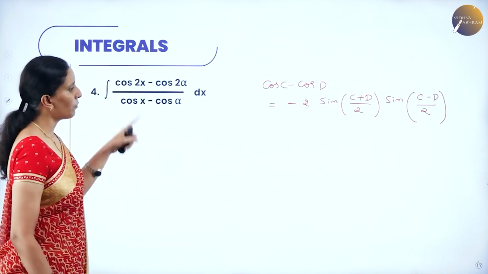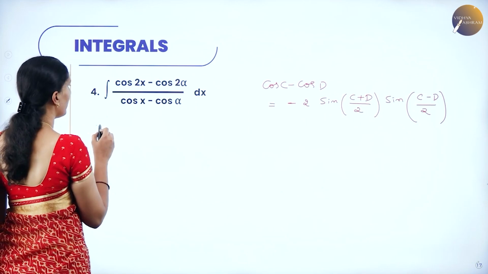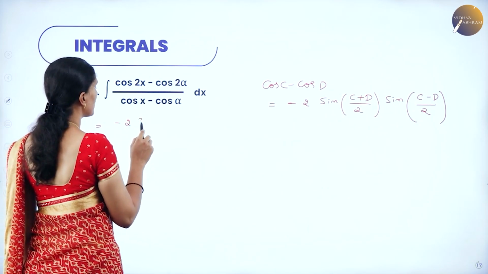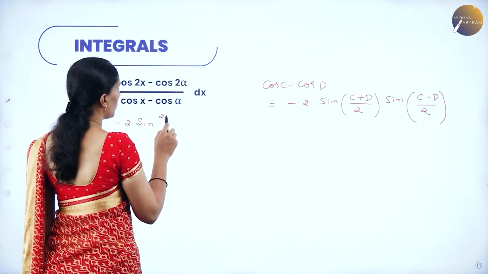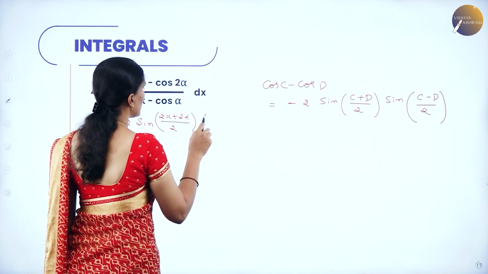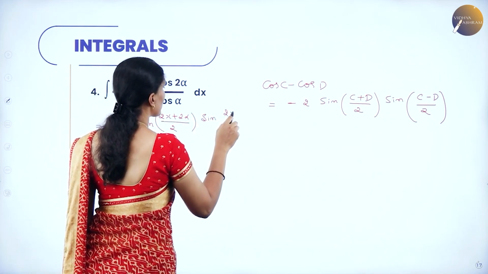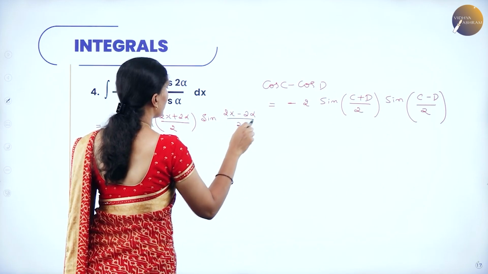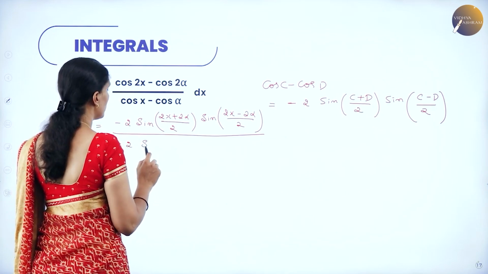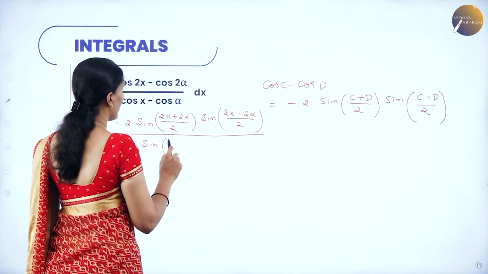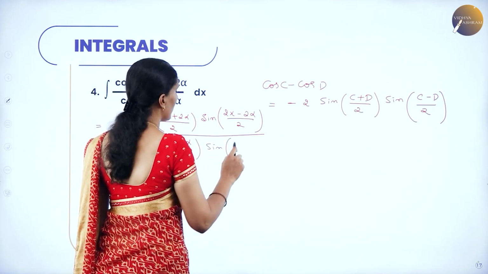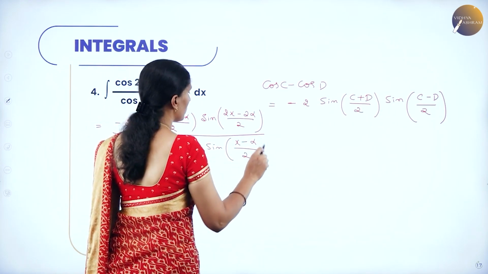So let us apply for both numerator and denominator. It becomes cos 2x minus cos 2 alpha becomes minus 2 times sin (2x plus 2 alpha) divided by 2 sin (2x minus 2 alpha) divided by 2. Similarly in the denominator, minus 2 sin (x plus alpha) by 2 sin (x minus alpha) by 2.